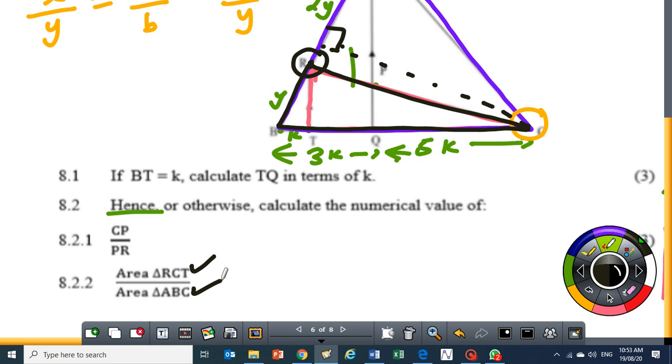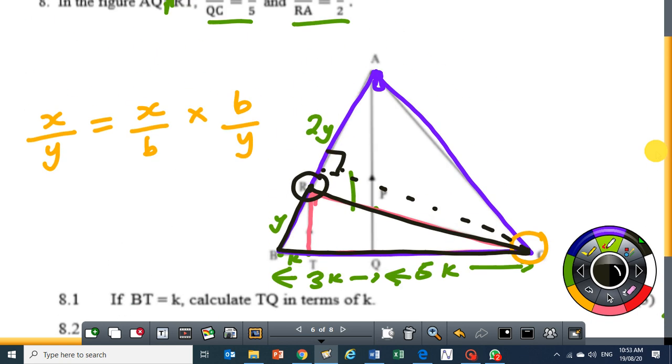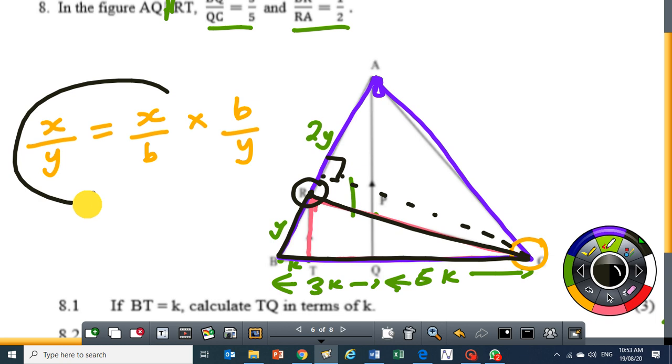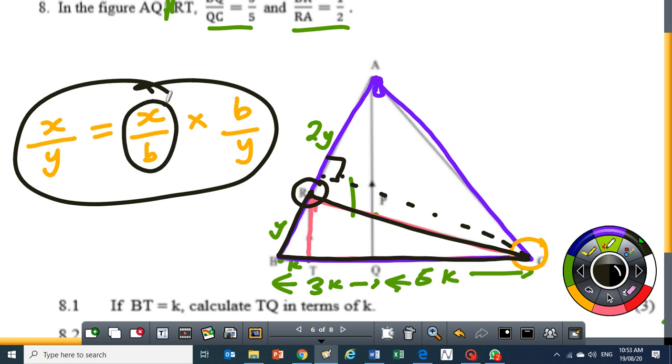And then we use what I wrote here to determine that ratio. Where there is B here, that's the common triangle. And this will be the ratio of the area of the third triangle and X. In this case, our X is the RCT and our Y here is our ABC. And that's the area of the common triangle.